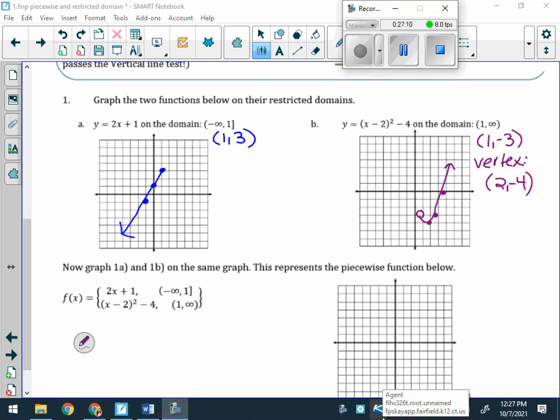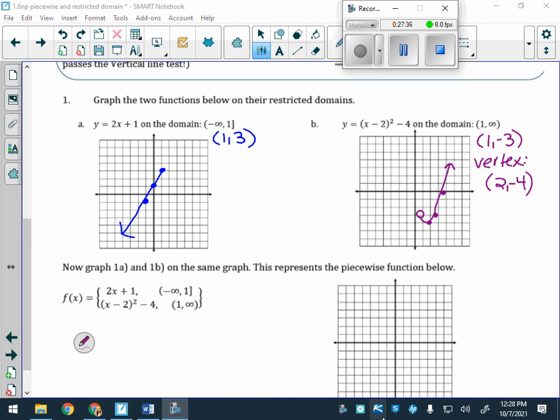How many of you got both of these graphs? The first one is a linear function. You plug in your starting point at 1: 2 times 1 is 2, plus 1 is 3. Then if you were to plug in 0, which is less than 1, you would get (0, 1) in this direction.